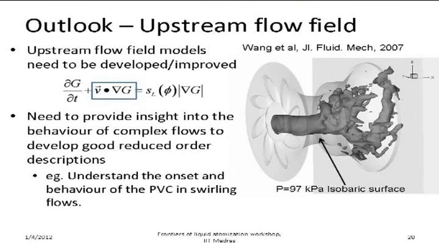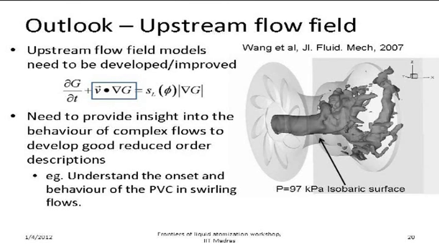Okay, then the next thing you need to do is get a good model for the upstream flow field. What I did the comparison for was a uniform parallel flow, which is great for this kind of theoretical analysis, like looking at these academic configurations.